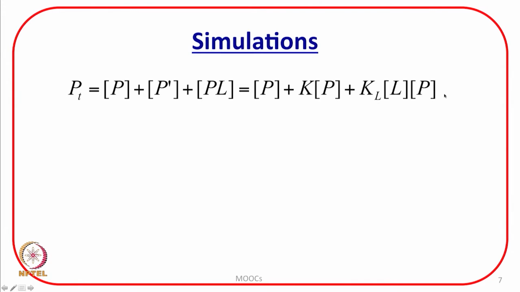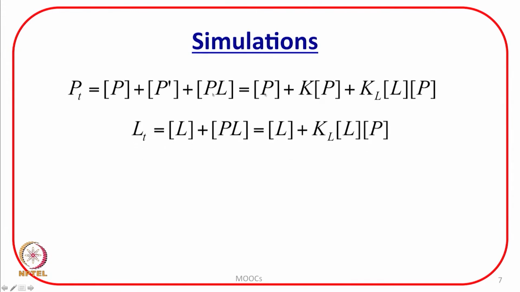Similarly, the total ligand concentration is the sum of the concentration of ligand in the free form plus the concentration of ligand in the complex form.